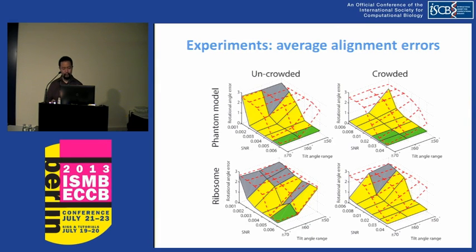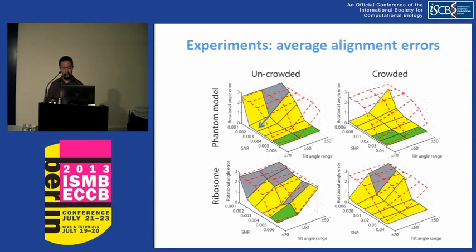This is the performance plot, where the red line corresponds to the average alignment errors of our previous method, and the black line corresponds to the alignment error of our new method. The green region corresponds to the distortion levels where both methods can successfully perform alignment, and the gray region corresponds to the levels where both methods failed.